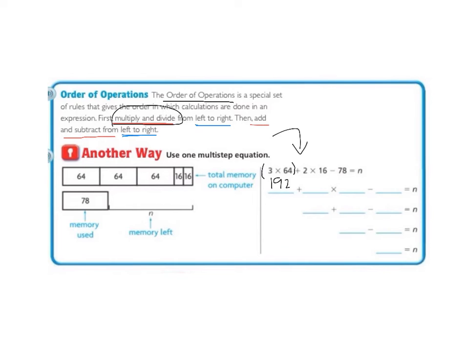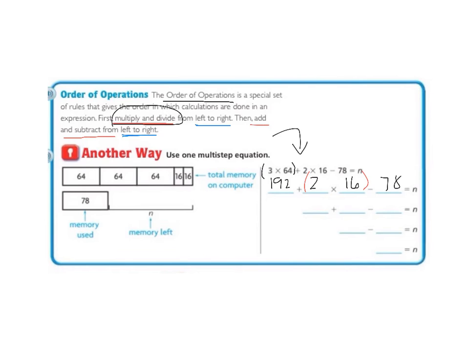Since this was our first multiplying, we're going to leave our second multiplying alone. So we have an addition sign, that's 2 times 16 minus 78, because we haven't touched any of the rest of it yet. All of that stays the same. Now look at the problem we have now, and again we do our multiplying first. So we're going to do 2 times 16.